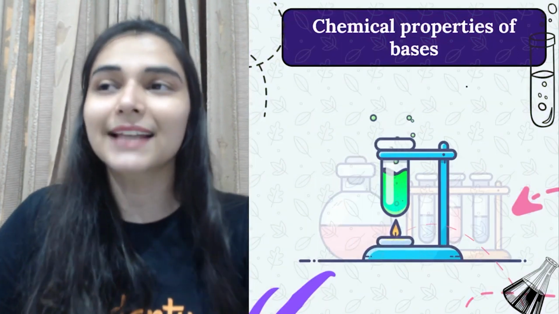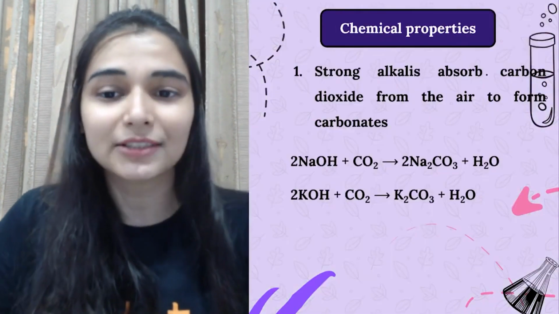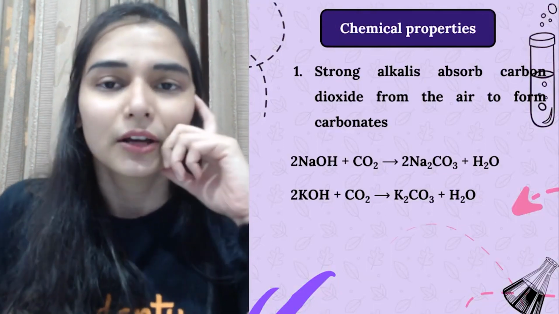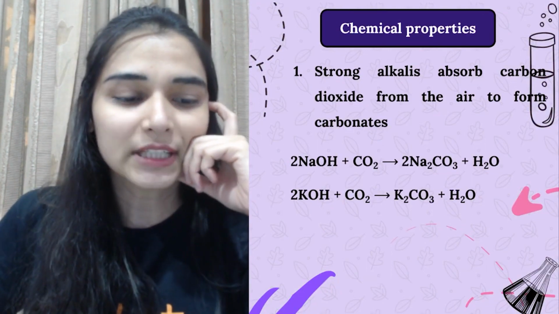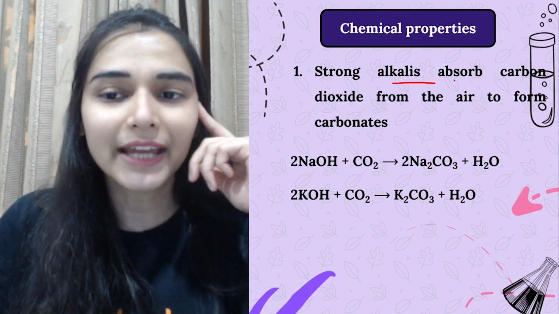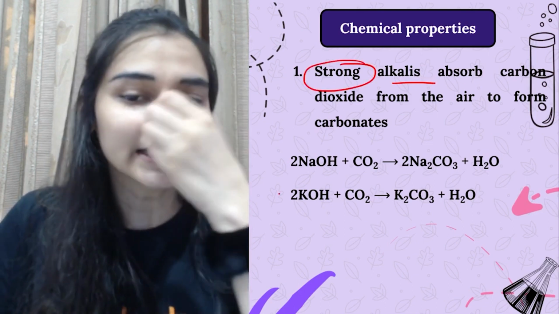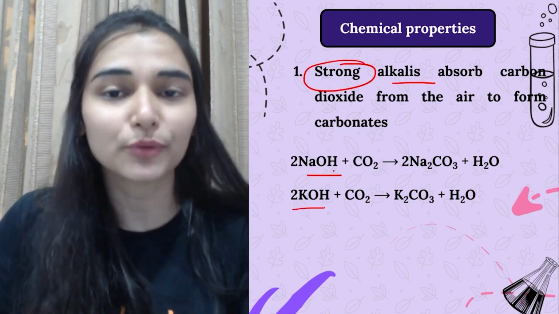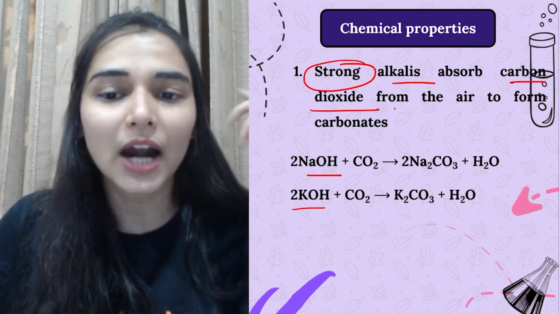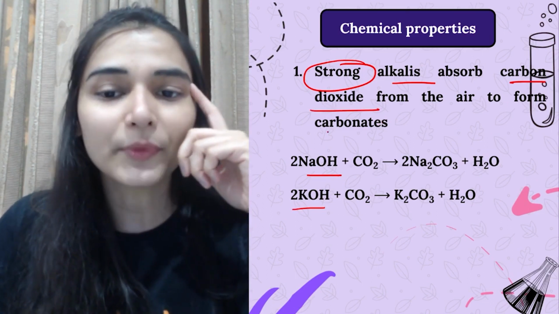Okay, some of the chemical properties of the bases we will also see. First type of chemical property: strong alkalis like sodium hydroxide and potassium hydroxide absorb carbon dioxide to form carbonates.